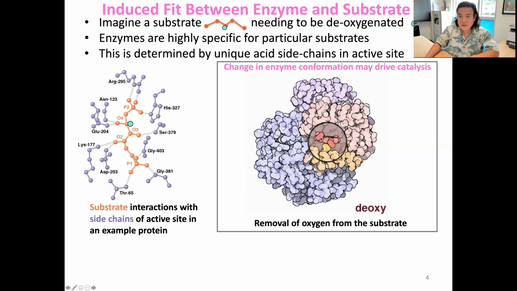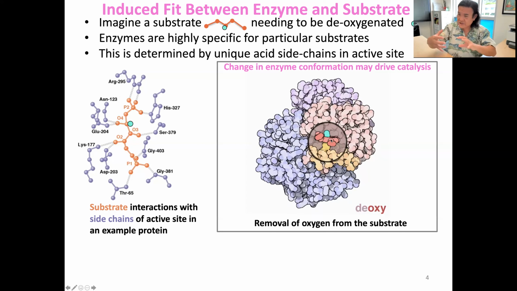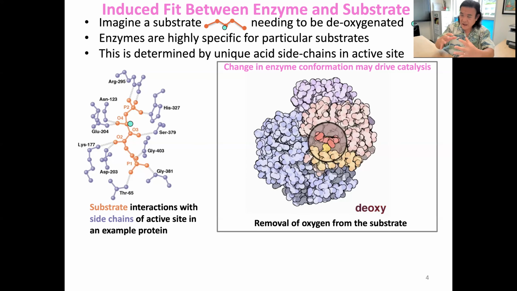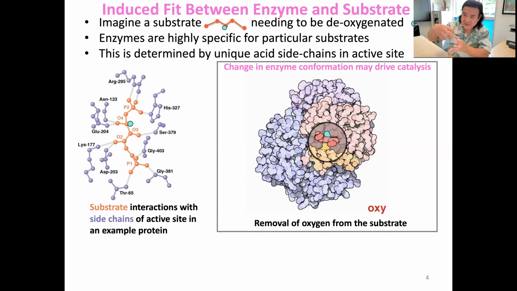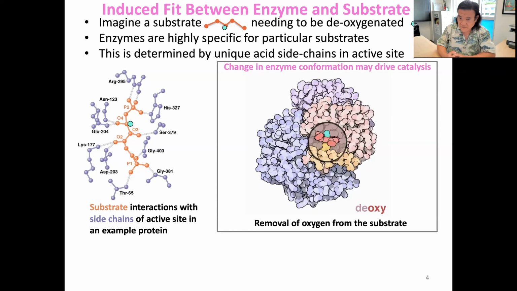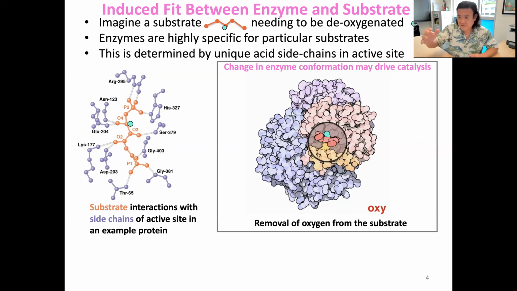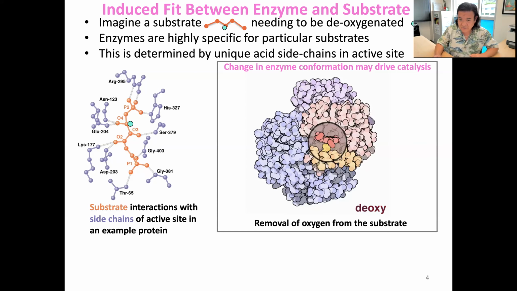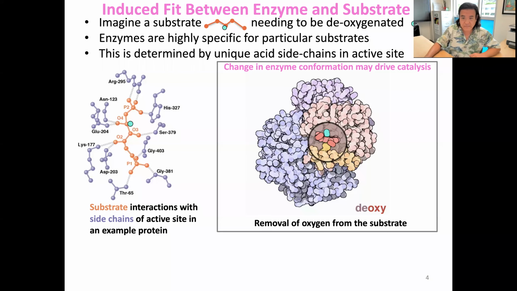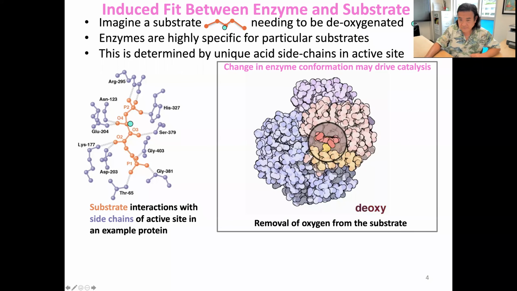So when the substrate binds in there, then there's the opportunity for the enzyme to go ahead and twist the shape of the substrate, maybe putting a lot of torque or strain on the bond between the oxygen and the other orange molecules in there, thereby making it way more likely that the oxygen can then break off. Okay, so instead of taking 10,000 years for the oxygen to come off, if left to do it by itself, maybe now it comes off in literally like a millisecond, once this enzyme gets a grip on the substrate.